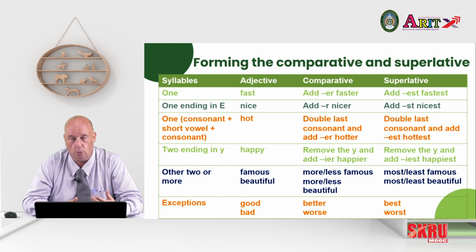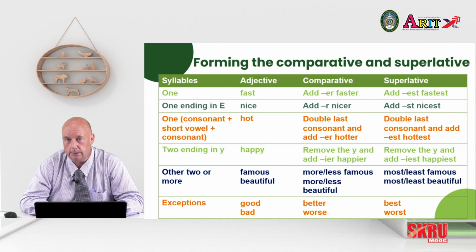Vowels are the letters you know as A, E, I, O, U. But those names are actually long vowel sounds. The short vowel sounds are A, E, I, O, U. So hot, O, is a short vowel sound. A consonant, a short vowel and a consonant. Then we double the last consonant. Hot, hotter, hottest.